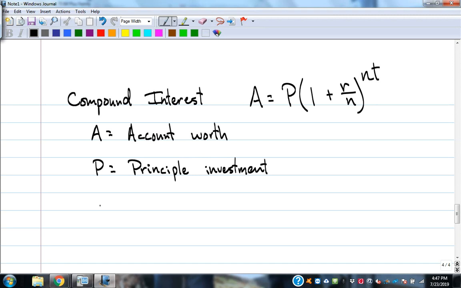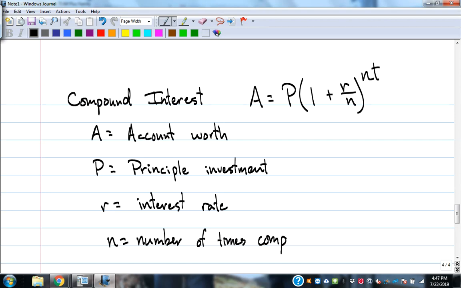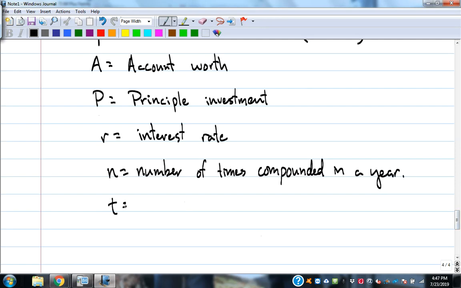We'll talk about these as we go along. R is your interest rate. N is the number of times compounded in a year. And then T is time in years.